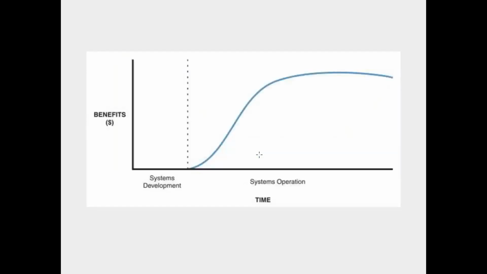The benefits, on the other hand: when you develop the system, we will not be able to get any benefits. Agree? So you can see the curve going towards the right, and it's cumulatively improving. When you start operating, ideally what we expect is our benefits will grow.